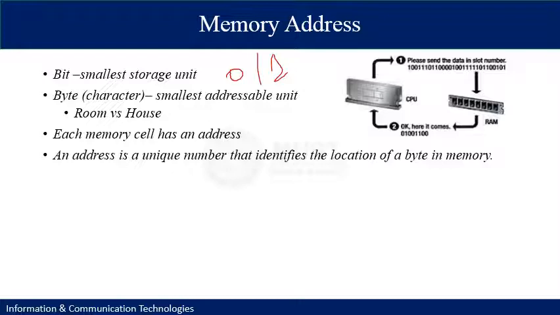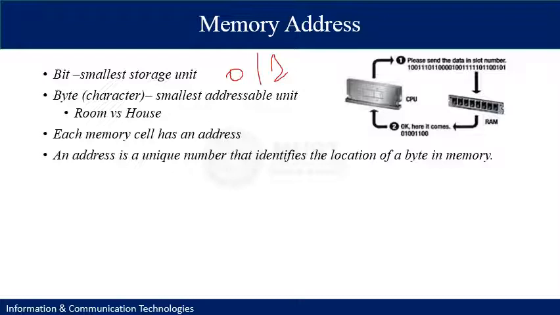When you have 8 bits together, you make a byte, which is a character in computer terms. A byte is the smallest addressable unit. So that means you can independently access one byte from the memory.